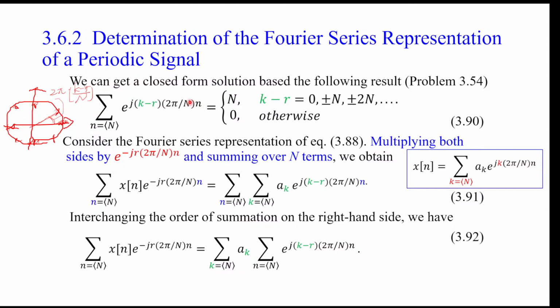When n equals 2 the angle is twice as large, when n equals 3 the angle is three times, etc. So you are summing over integer multiples of that angle. When n equals 0, you are at angle 0 at this point 1, and when small n equals big N, you come back to this point. So you are summing over N points, say 0 to N minus 1.